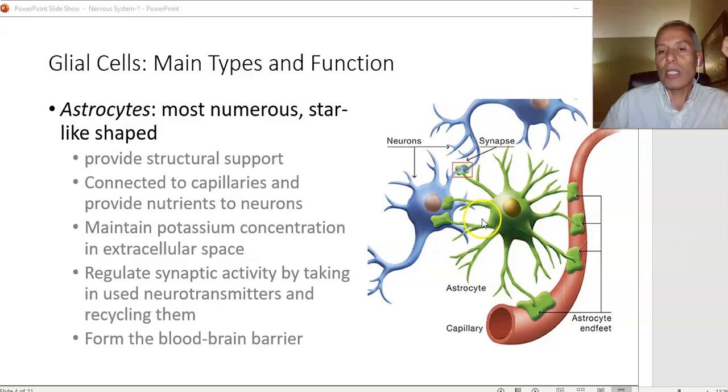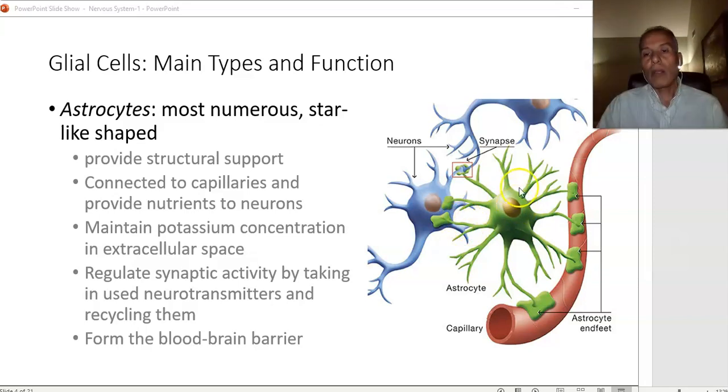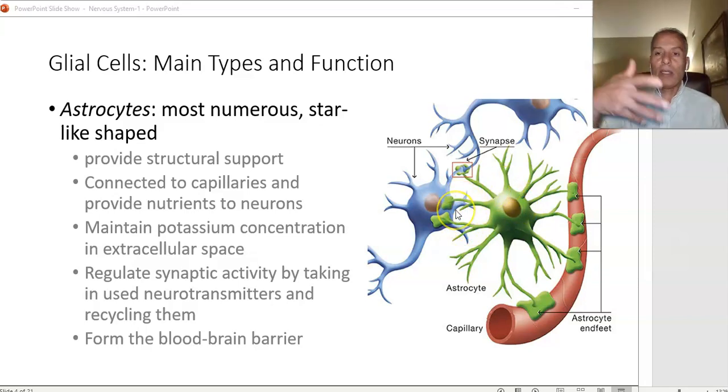And the astrocytes will help in that recycling process. Some of them will be used over again. But the astrocyte regulates the level of neurotransmitters by taking some of these and recycling them so they will not be obstructing the communication.